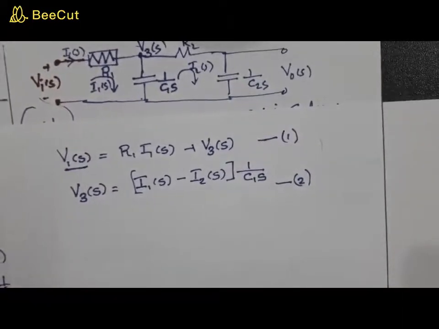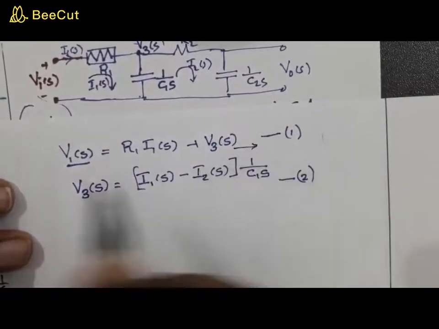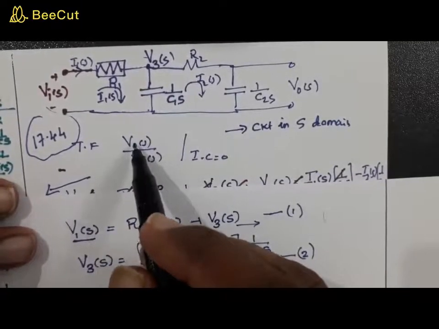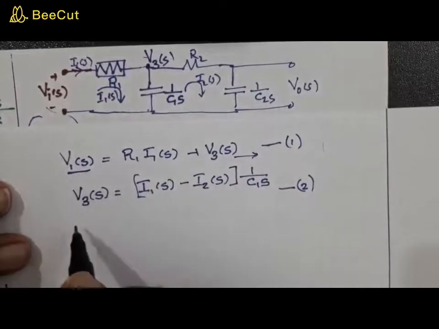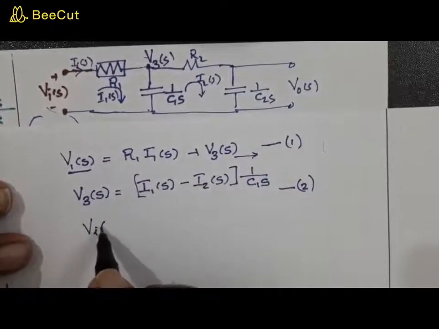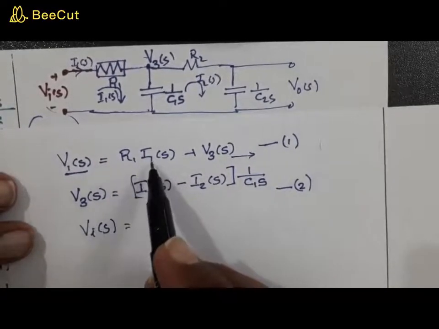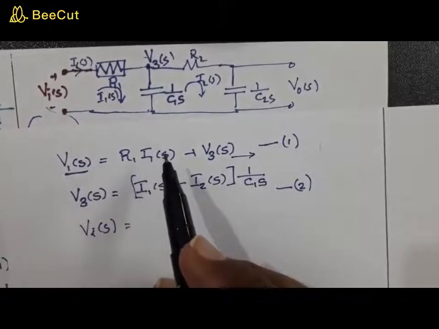Now our primary equation is this equation, because the required thing is the transfer function, which is the ratio V0 by Vi of S. So we have Vi of S, and we will never leave this Vi of S. Now when you analyze this expression, this I1 of S is a current at the input side.